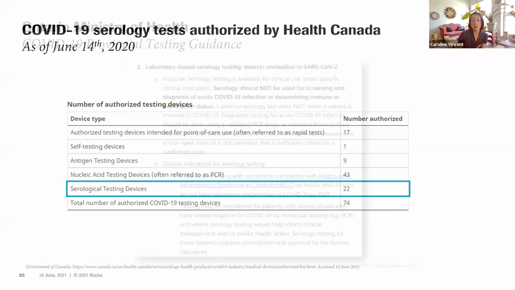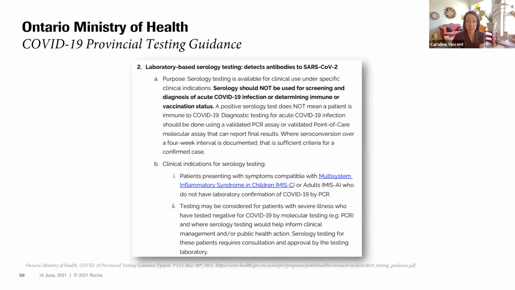These are the guidelines from the Ontario Ministry of Health for the clinical use of antibody testing for SARS-CoV-2. Currently, antibody testing is only allowed for specific clinical indications in Ontario, including the testing of patients with multisystem inflammatory syndrome or patients with severe illness who have tested negative for COVID-19 by PCR, and where antibody testing may help inform the clinical management of these patients or public health action.